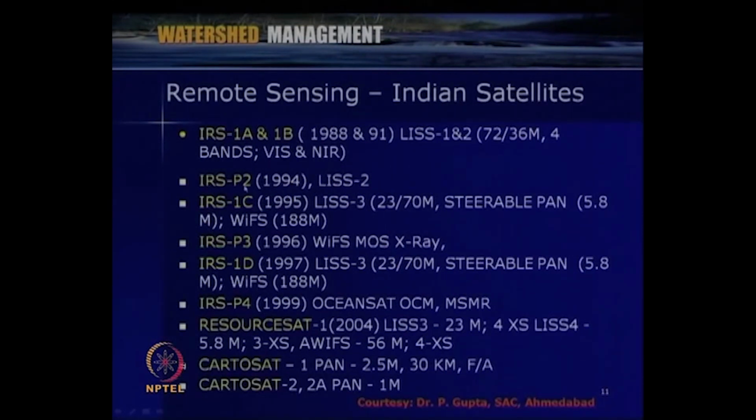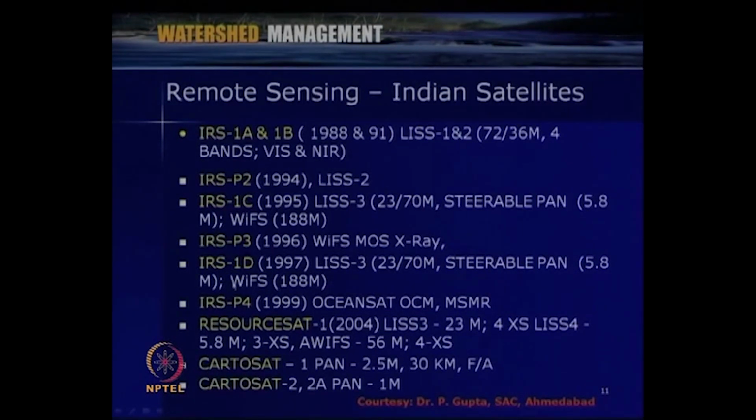Then in 1994 IRS P2 was put up, then IRS 1C in 1995, IRS P3 in 1996, and IRS 1D in 1997, which has a high resolution of 5.8 meter. Then IRS P4, then ResourceSat, which gives 23 meter resolution, in 2004.